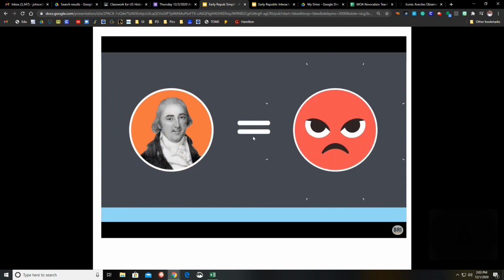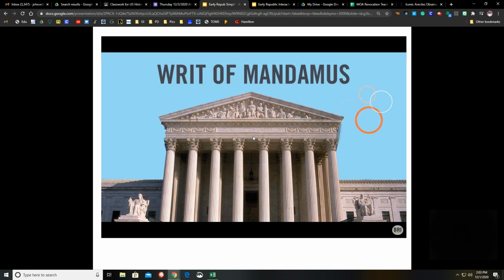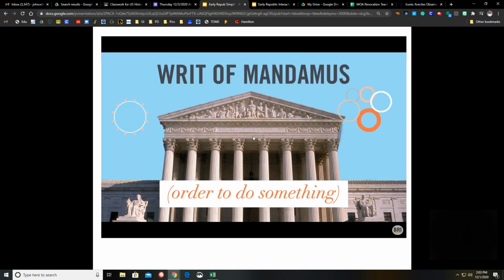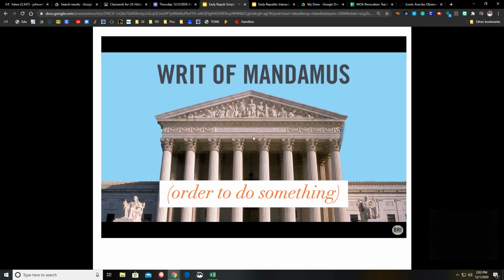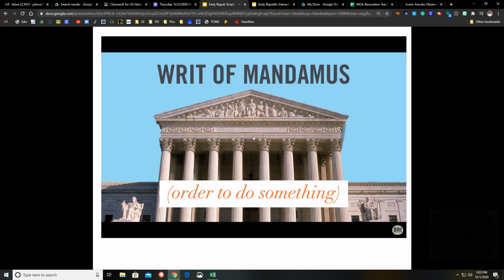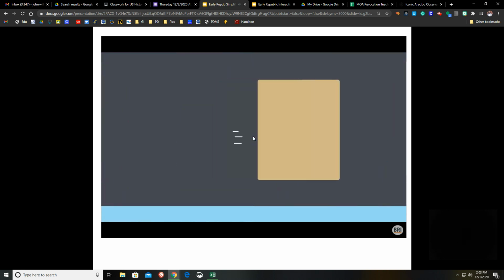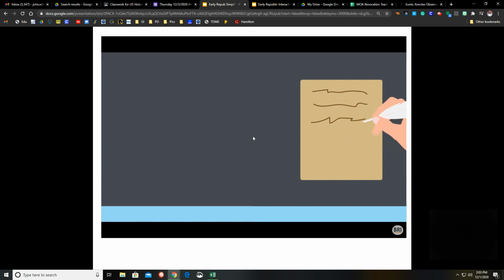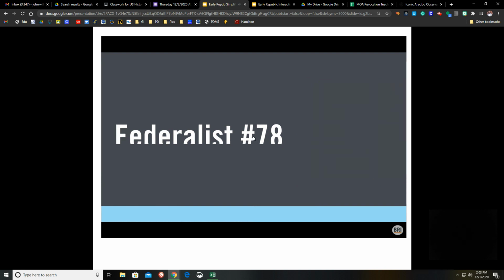Furious, Marbury took up his issue with the Supreme Court and asked them for a writ of mandamus, basically a document that would order Madison to deliver the commission. The court did not want to get involved in the partisan dispute between the parties, but it had to make a decision about the case. The justices found the solution in establishing a principle that Alexander Hamilton mentioned in Federalist Essay number 78 that highlights the role of the courts.